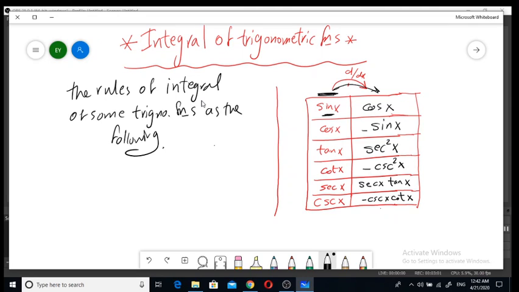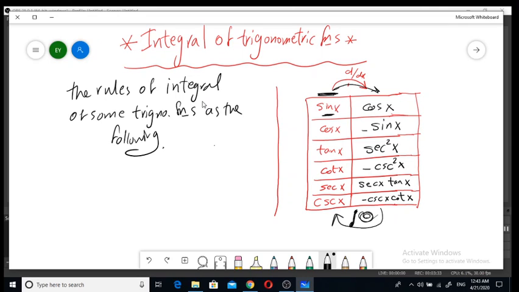So if we integrate the right side, we will find the left side. If we differentiate the left side, we will find the right side.